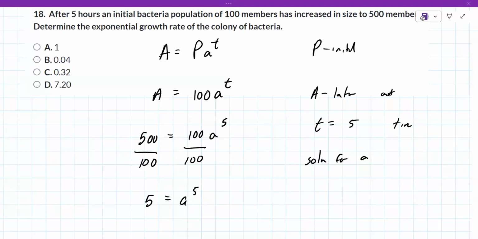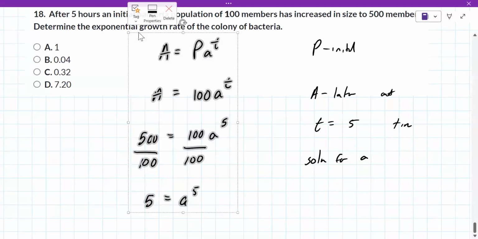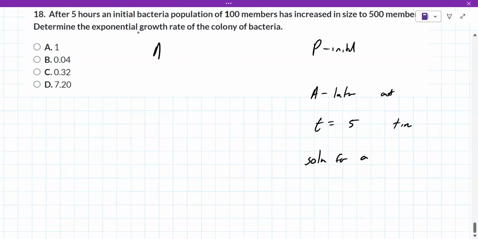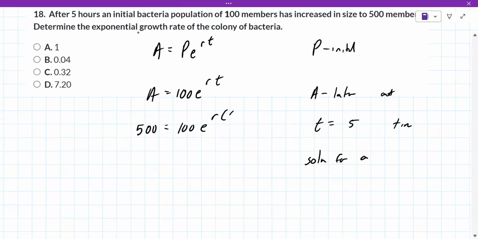So let me do it another way. I think they might have meant PERT. That's your log of 5 over 5. There it is. Okay, so they actually meant PERT, not PAT, and we would have no way to do that. So let me just unfortunately have to reset here. A equals P e to the rt. That's PERT, and it's still 100 to start. And then we know that 500 equals 100 e to the r times 5.